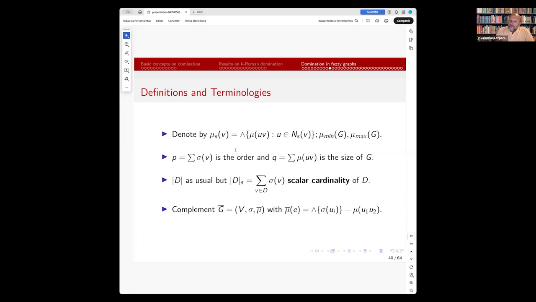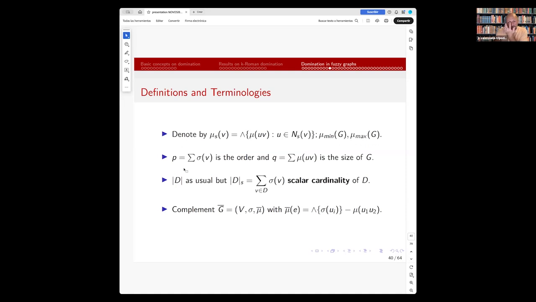We also denote mu s of a vertex as the minimum value of the membership value of its strong edges, for every strong neighbor of the vertex. We denote by mu min the minimum value of mu s in the graph, and analogously the maximum.